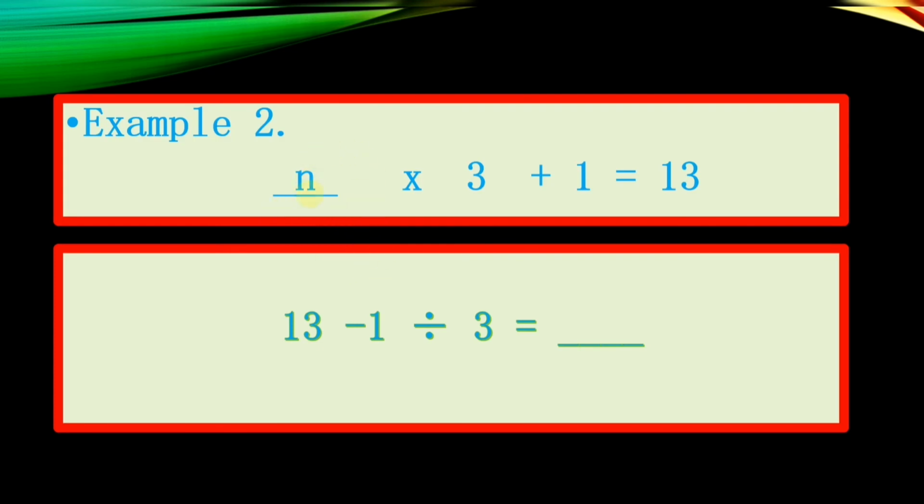How about example number 2? n times 3 plus 1 equals 13. Let us reverse the equation. 13 minus 1 equals 12. Divide it by 3 equals 4. So n is equal to 4.